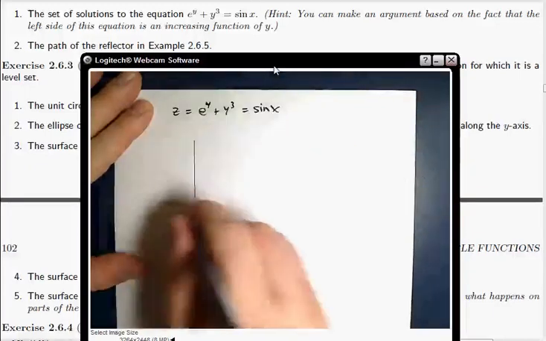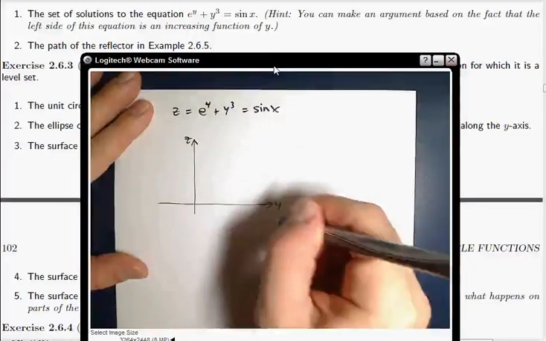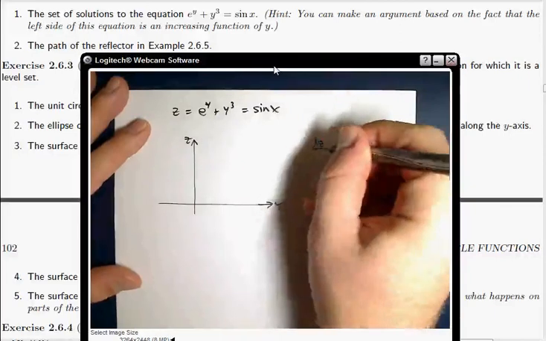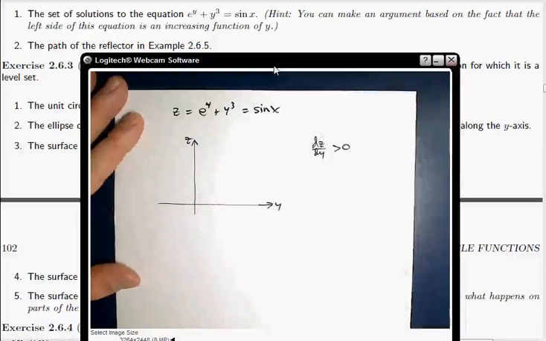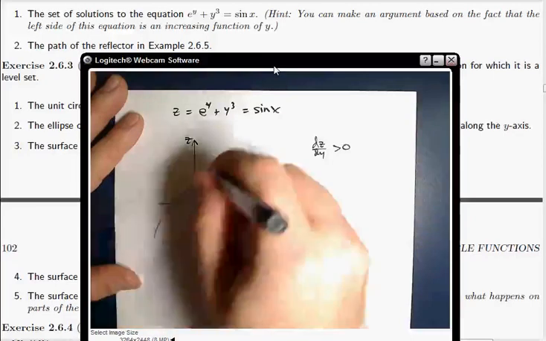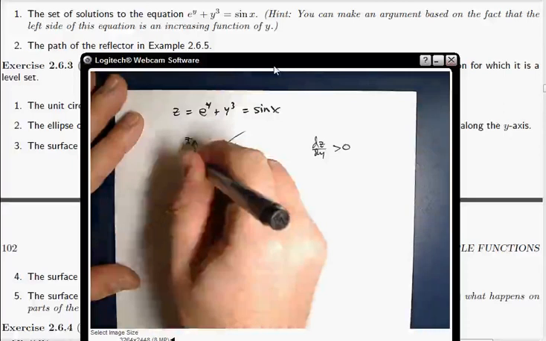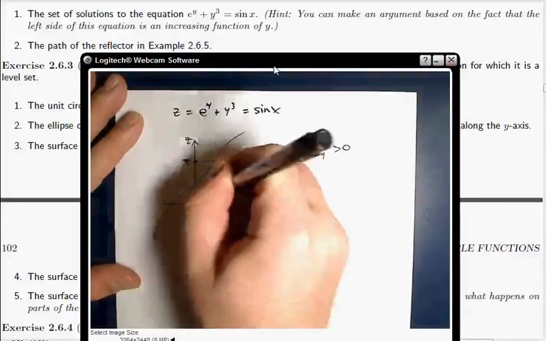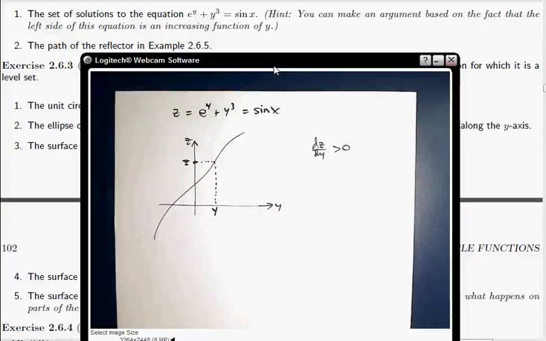So the relationship between z and y is increasing. I mean, the derivative dz/dy is always positive, and it's not just non-negative, it's positive. So this is some increasing curve like that. So for any given value of z, there is a corresponding value of y and vice versa. Does that make sense? Okay.